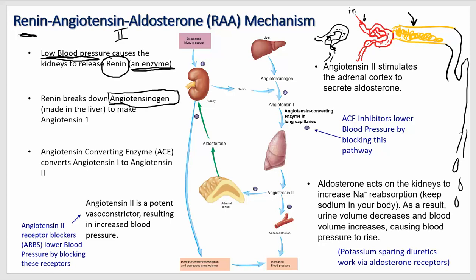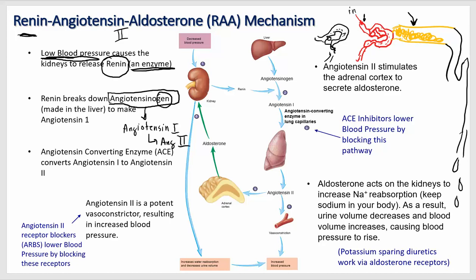The "ogen" at the end, I always think of it like generates. It's going to generate something else, so this usually means it's a precursor. In this case, angiotensinogen is turned into angiotensin 1, which is then turned into angiotensin 2.